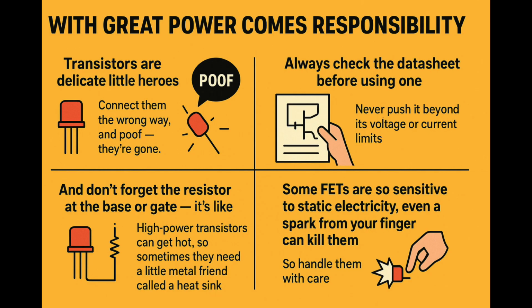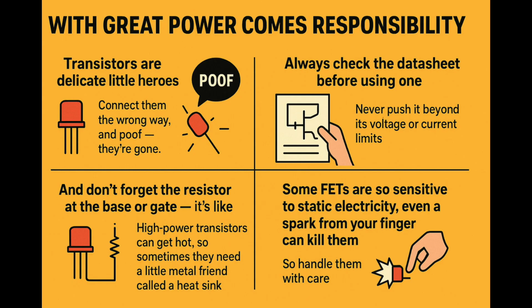But here's something important. With great power comes responsibility. Transistors are delicate little heroes. Connect them the wrong way and poof, they are gone. That's why safety matters. Always check the data sheet before using one. Never push it beyond its voltage or current limits. And don't forget the resistor at the base or gate.